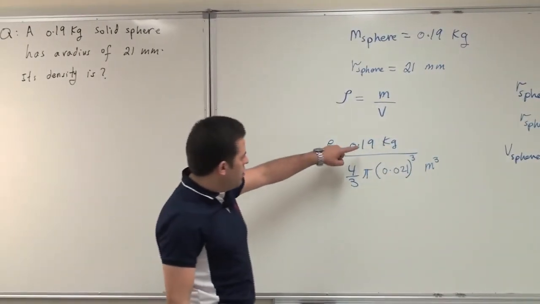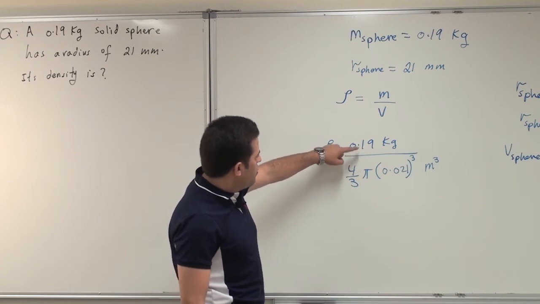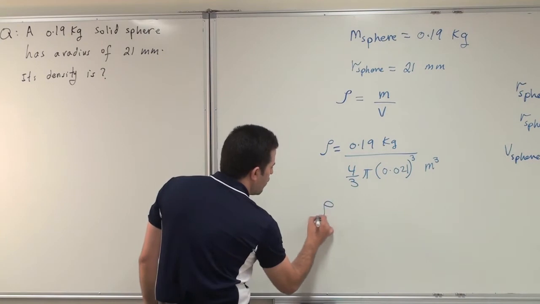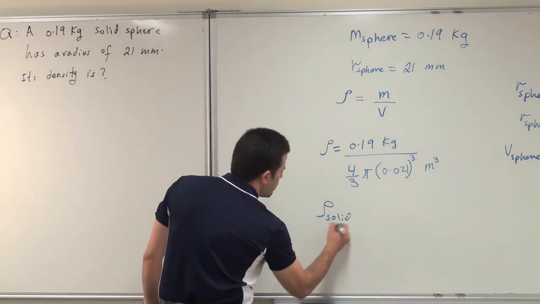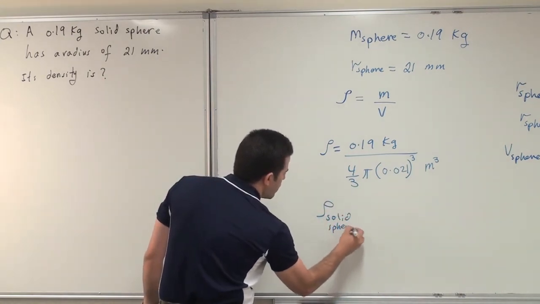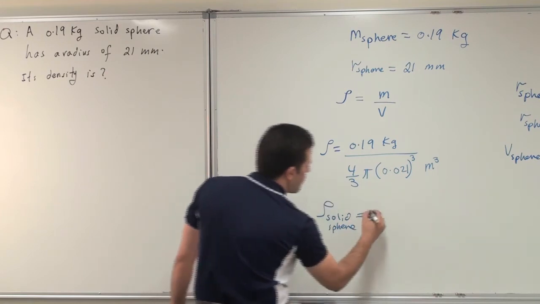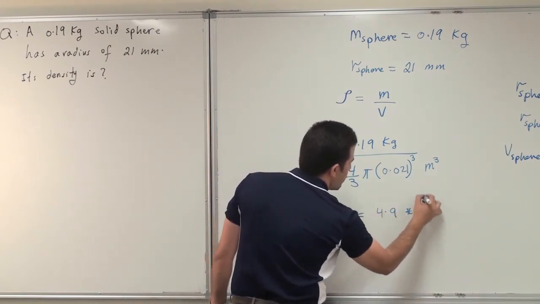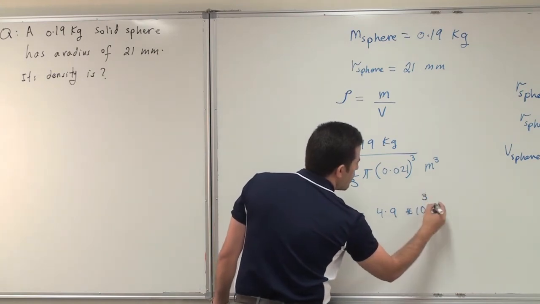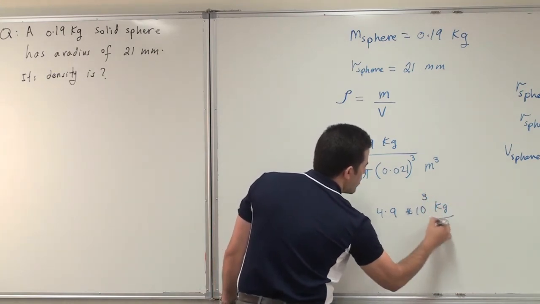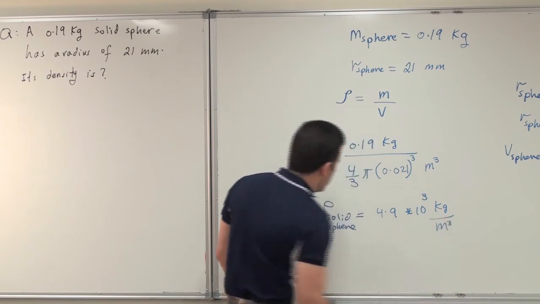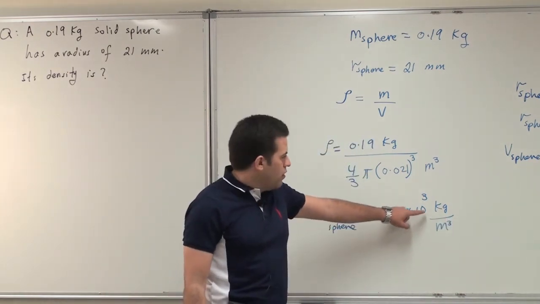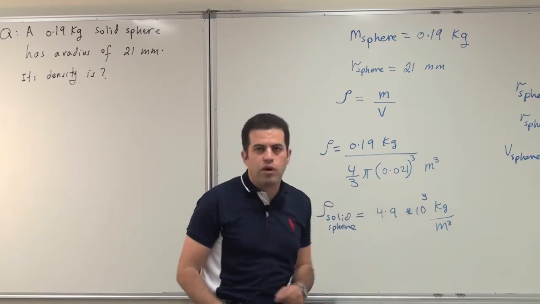So if I use my calculator and divide this by this, I'll get the density of this solid sphere as 4.9 × 10 to the power 3 kilograms per meter cubed. Notice here that the unit of density is logical. It's mass divided by volume.